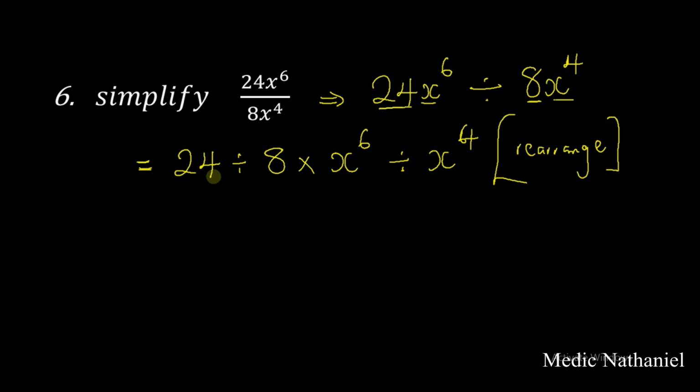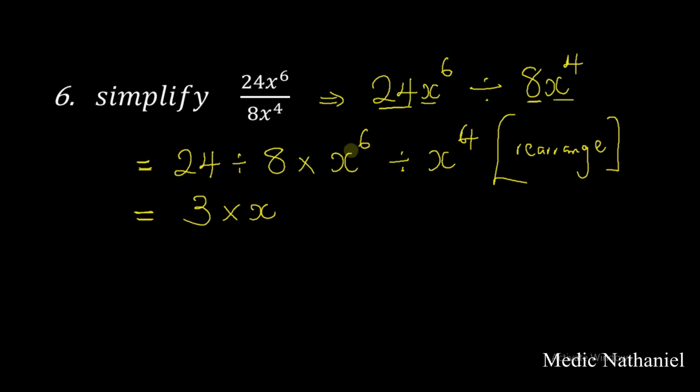After that rearrangement, I can now go further to carry out my division. 24 divided by 8 will give you 3, while x raised to the power 6 divided by x raised to the power 4, how are you going to divide it? You will divide it by applying the division law of indices. According to the division law of indices, both root numbers are the same, so I will take one of them, that is x.